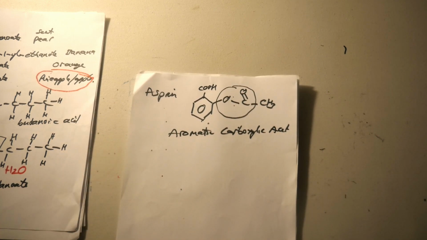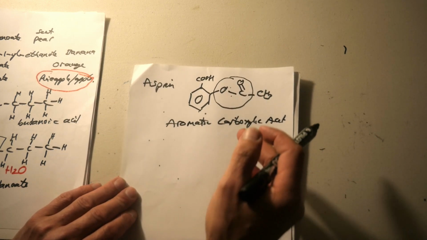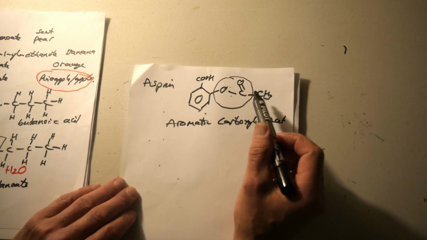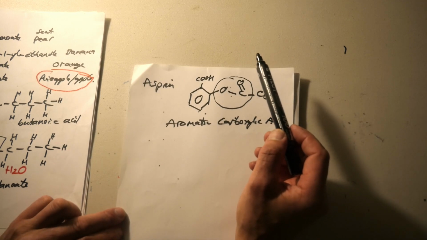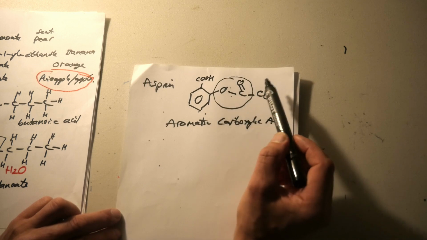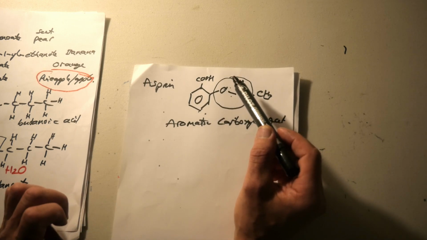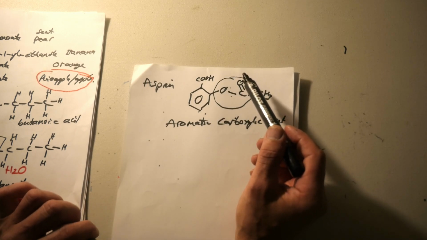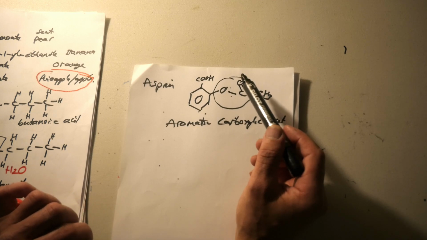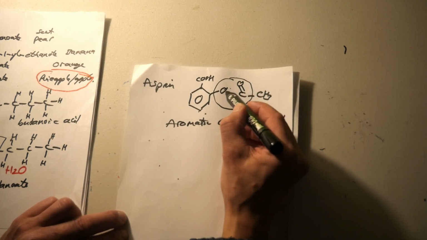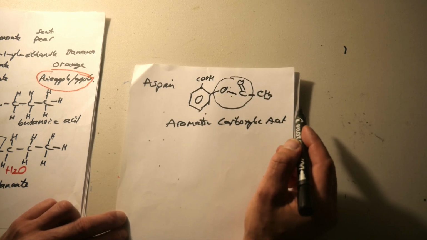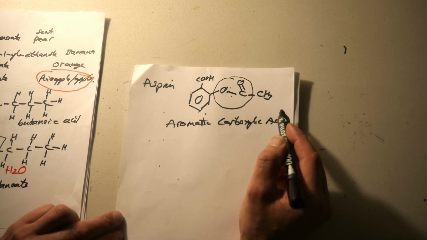How does this work? I think part of this molecule interferes with, I think it's a serine residue in an enzyme, and it prevents inflammation. I'll come back to that later, but I think that's how it works.